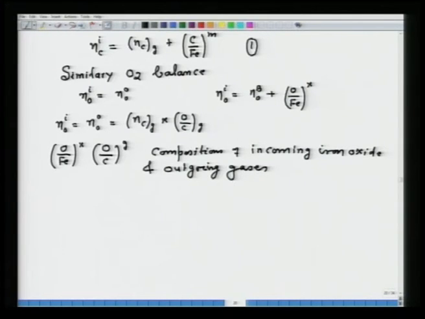For example, if I have Fe2O3, then O upon Fe is equal to 1.5.